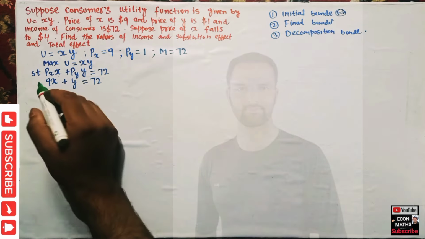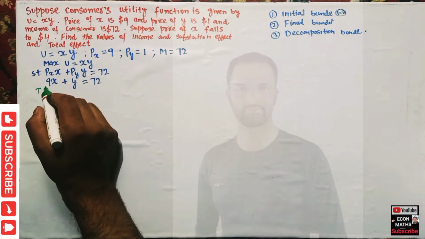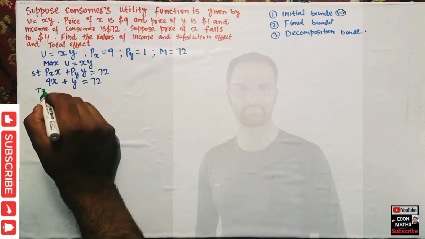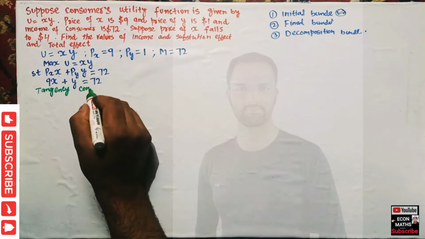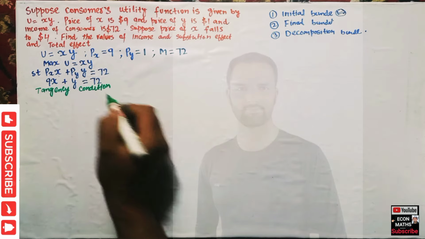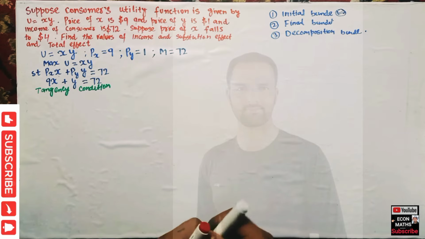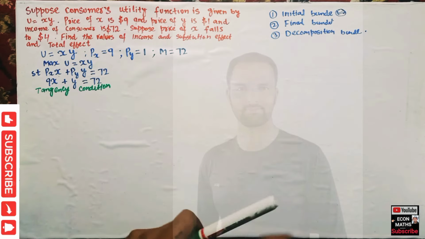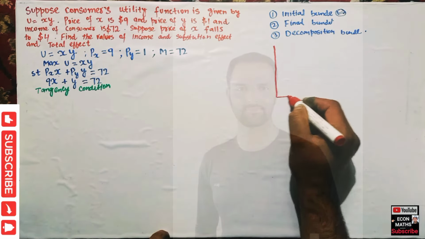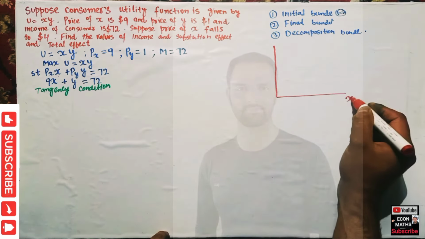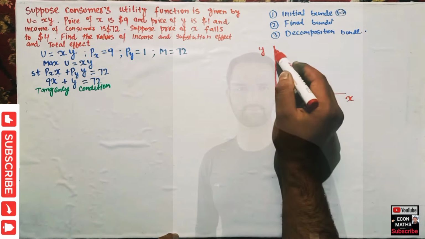The optimality condition requires what we also call the first order condition or tangency condition. We will use the tangency condition here. Now when is our optimal bundle on our indifference curve? Let me draw it here for the sake of understanding. If this denotes good x, this is good y, we have a budget constraint.